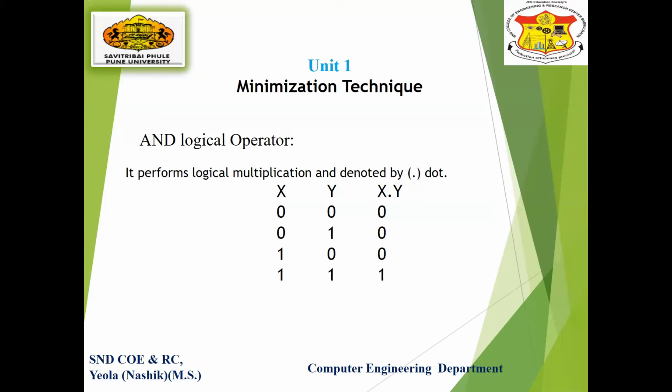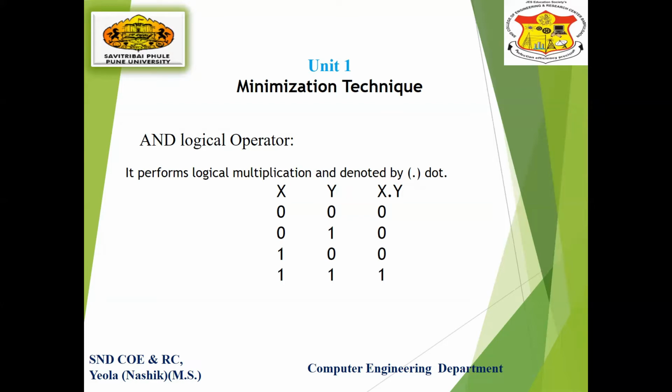Suppose we have x as one variable and y as another variable, and we consider the different combinations of binary values from 0 to 3. 0 is 0 0, 1 is 0 1, 2 is 1 0, and 3 is 1 1.